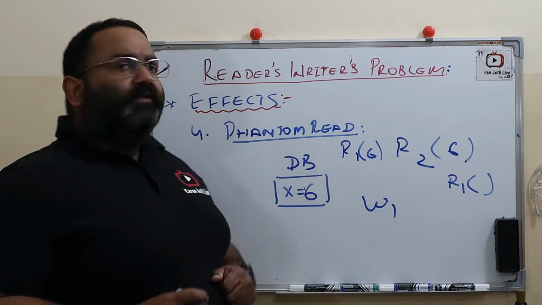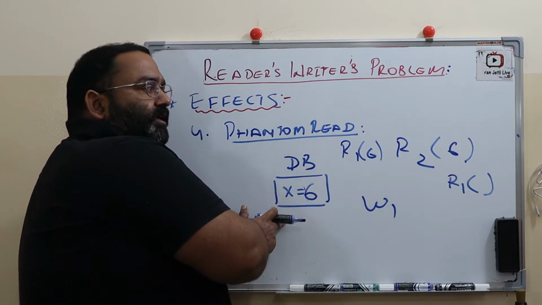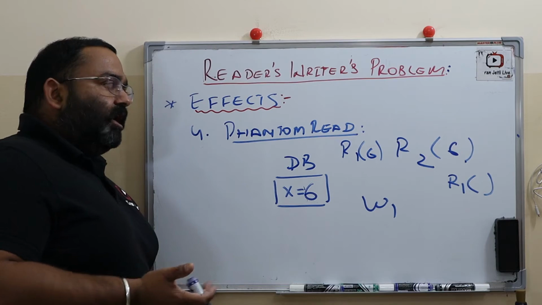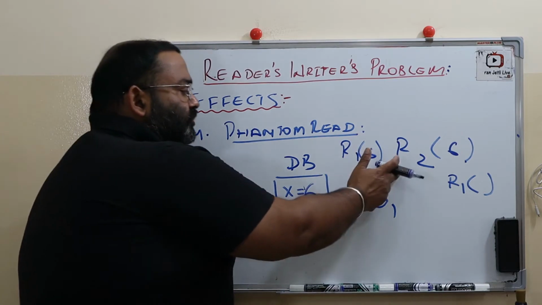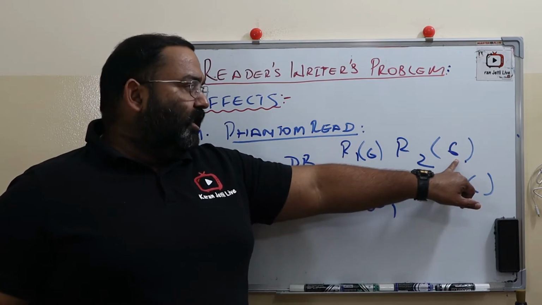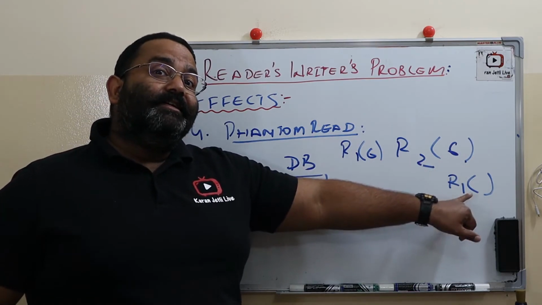Now what is my phantom read? Phantom read says, suppose R1 read the database and got the value 6. After R1 has finished the read, R2 reads the database and it gets the value 6. After R2, again R1 wants to read the database.